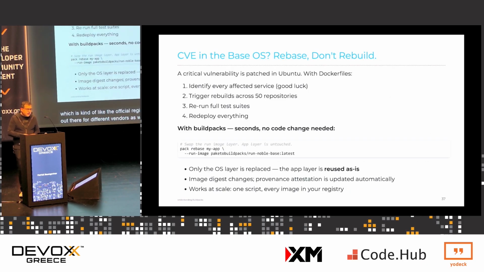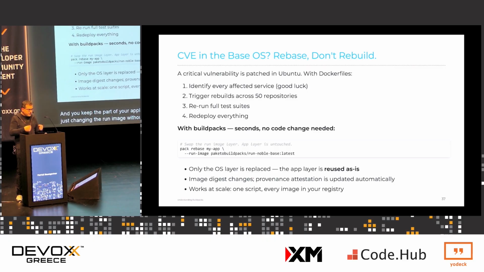Now, what I find quite interesting is if you have a CVE in your application, then you don't want to rebuild all hundreds of your applications again. And that's why we have this rebase command, where you can just replace the run image and keep the rest of your application as it is. Under the hood, you're just changing the run image without actually rebuilding your application.